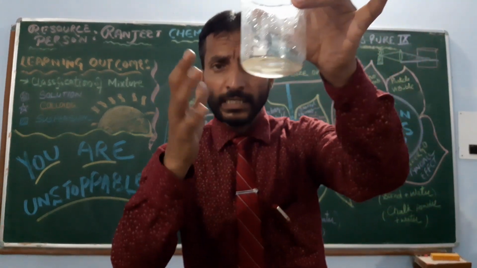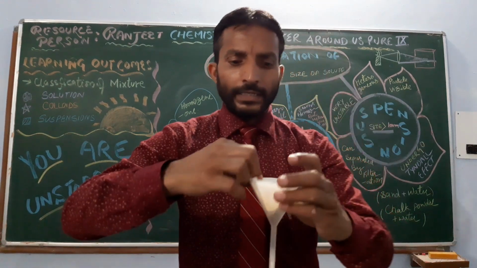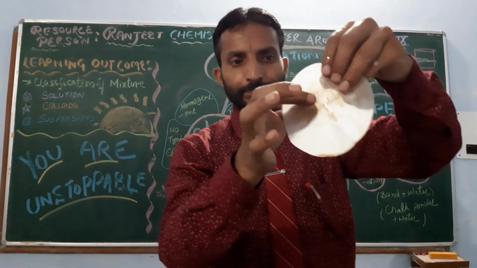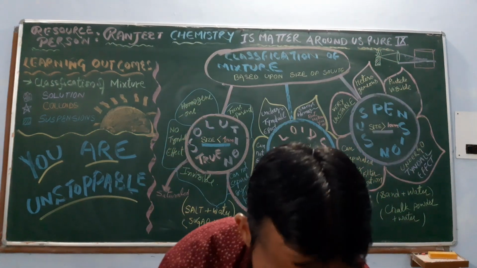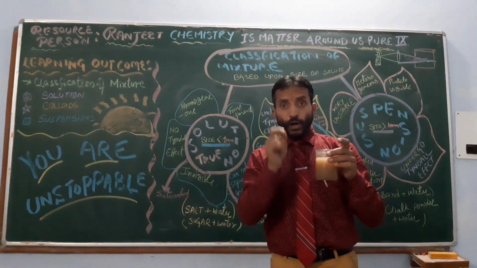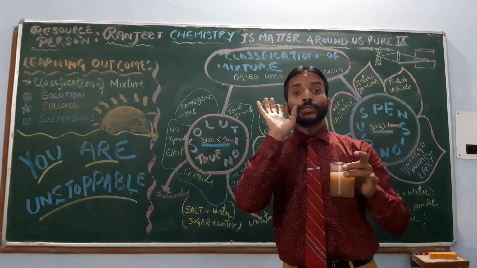There are no particles in the filtrate. Where are the particles? You can see on this filter paper, the sand particles are here. So we can separate the particles of a suspension by filtration.